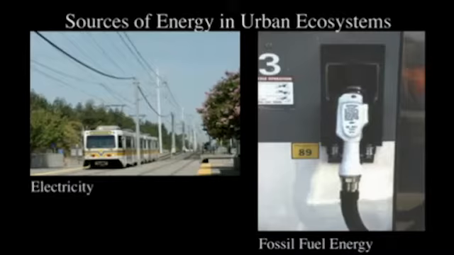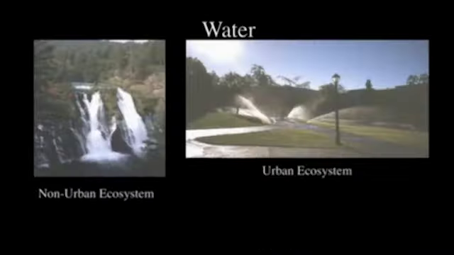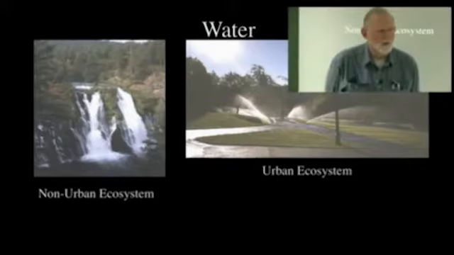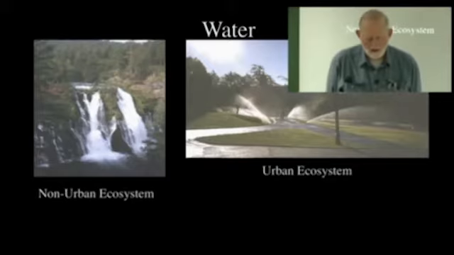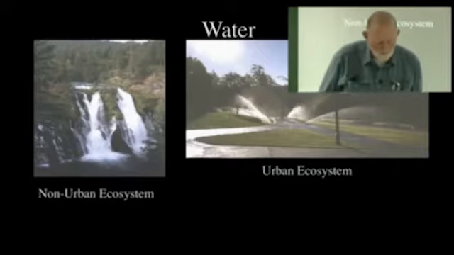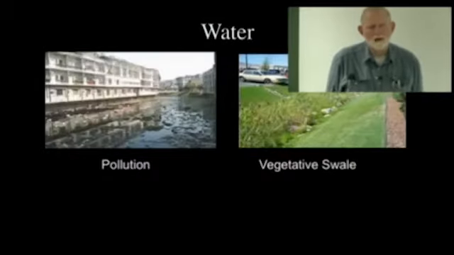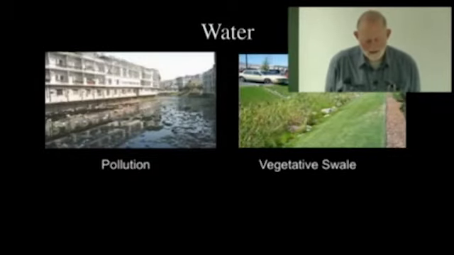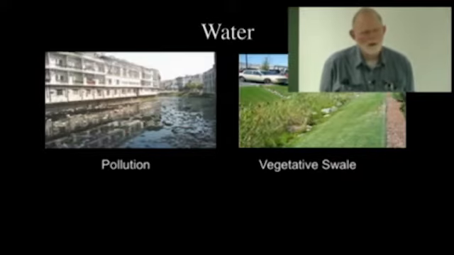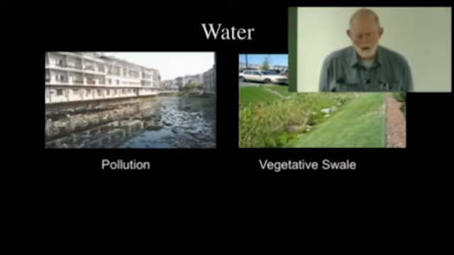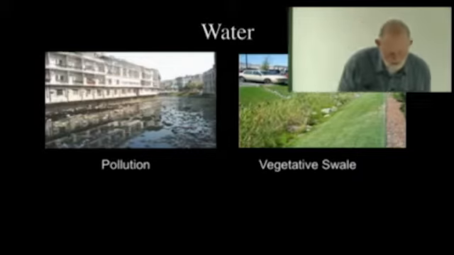In terms of water, we in the more arid parts of the world irrigate lawns, irrigate parks within our cities to keep them green in the summertime, and that certainly changes the water balance for those particular cities. We have polluted natural streams in many of our cities, and we're making attempts in some parts of the world to create what are called vegetative swales to help clean up runoff water that is moving through the city.